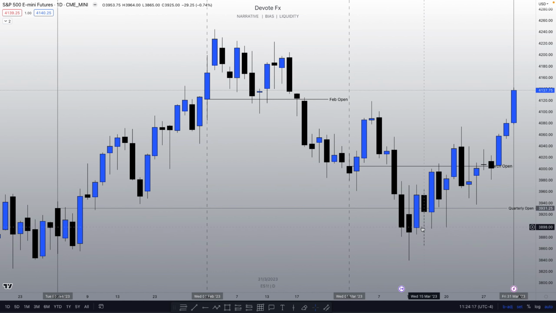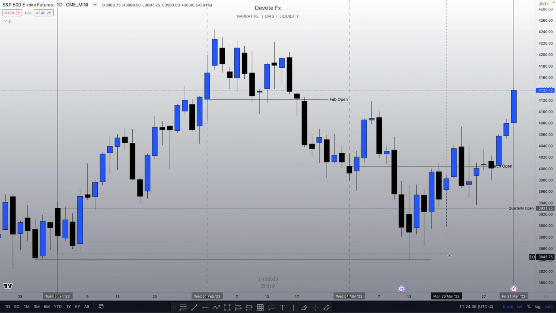And now getting back into what I was mentioning earlier, we didn't take out any sell side to open up this quarter. So price came down and accumulated below the existing quarterly low, as well as taking out these relatively equal lows.